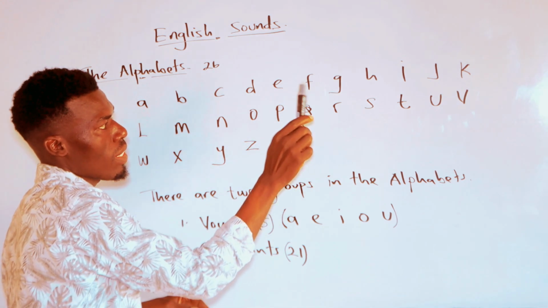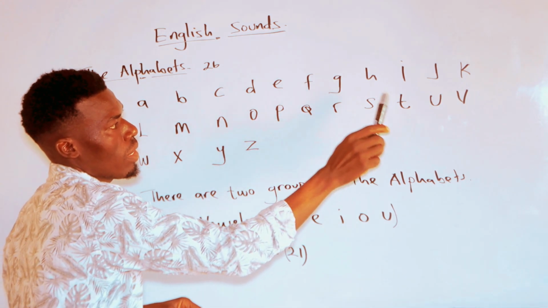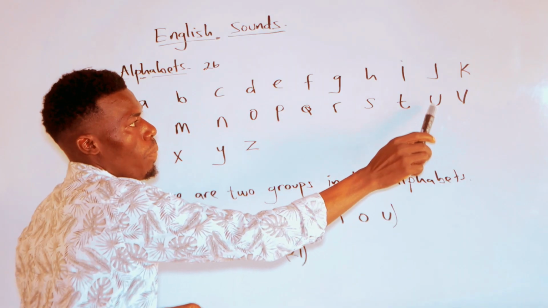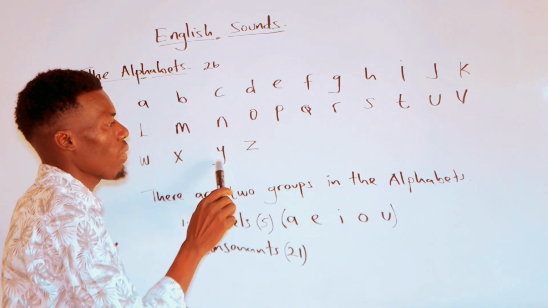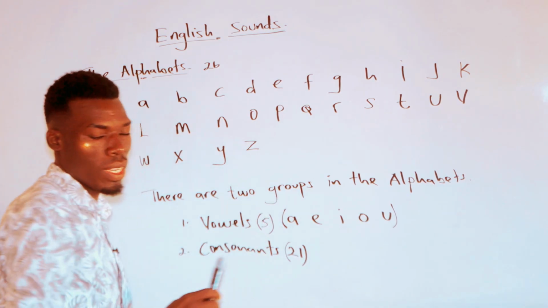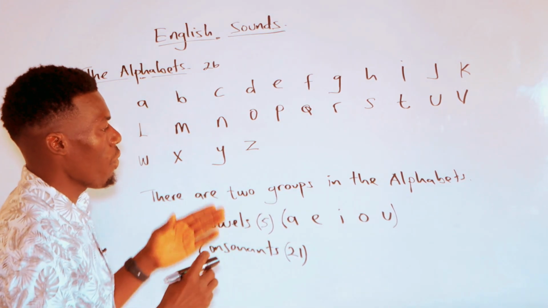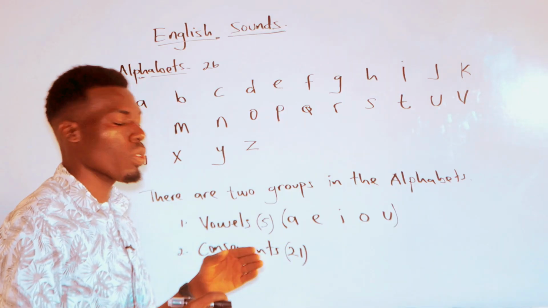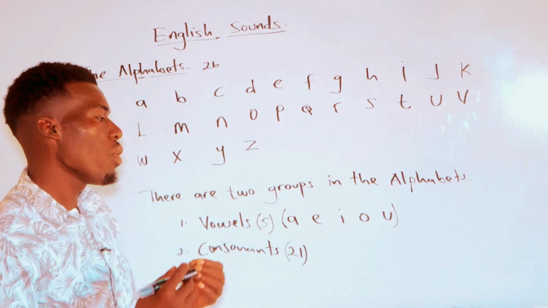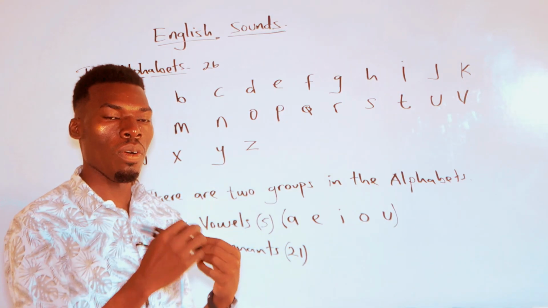Consonant, consonant, consonant, consonant, consonant, vowel. Consonant, consonant, consonant, consonant, and this is a consonant. You get? So 5 vowels and 21 consonants. Let us move on to part 2 of this lesson.